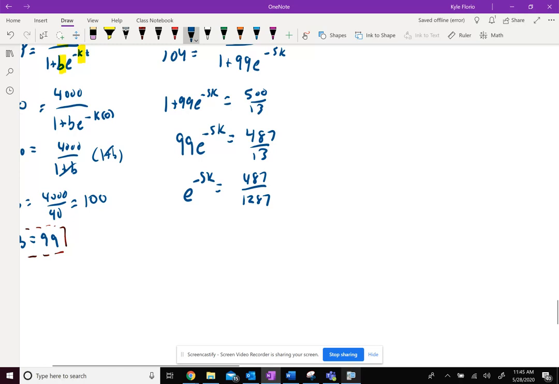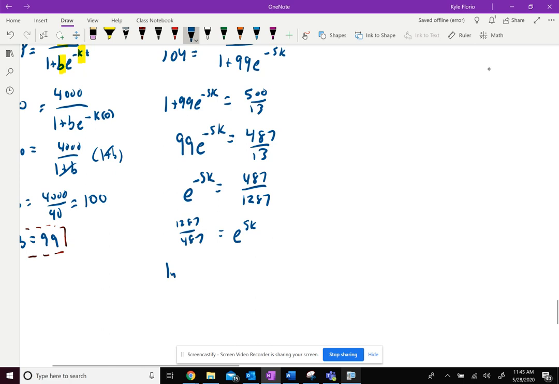It doesn't matter, so we'll look at both ways. If I want to bring the e to the other side, I'd multiply both sides by e to the 5k. These would cancel out, and I would have an e to the 5k over here. To get this on the other side, I'd just multiply both sides by the reciprocal, which is 1287 over 487.